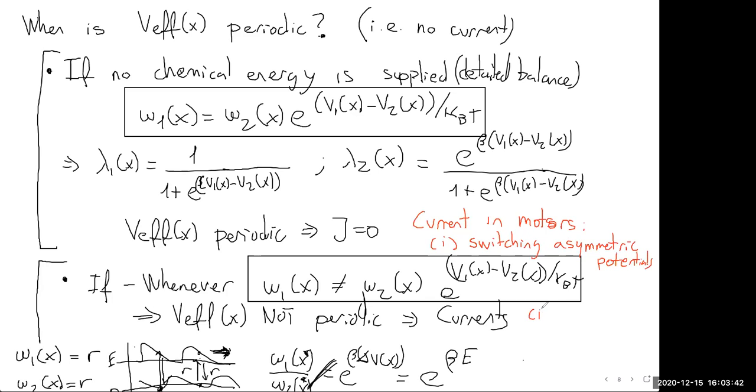The second ingredient is break detailed balance, e.g. with ATP or chemical reactions, they break the detailed balance. Okay, this is a very important take-home message from today.